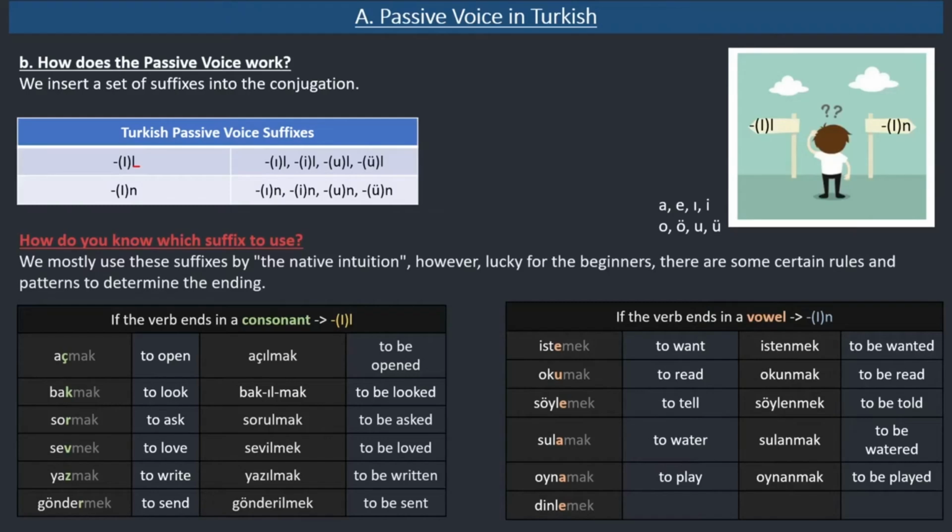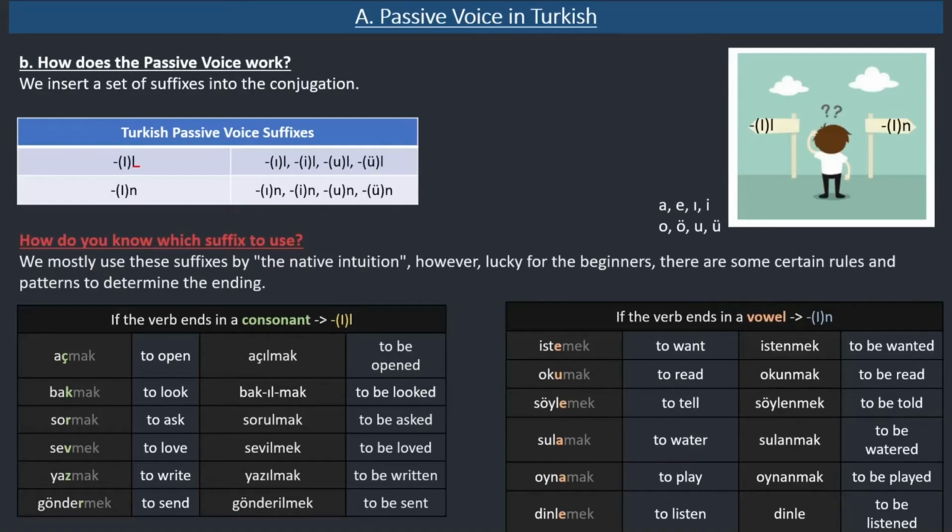dinlenmek. Yes, Jasmine, it can look confusing, but they are only spelled the same way, but they mean different things. Dinlemek, to listen, dinlenmek, to rest. The stem of rest would be this, dinlen, like this.